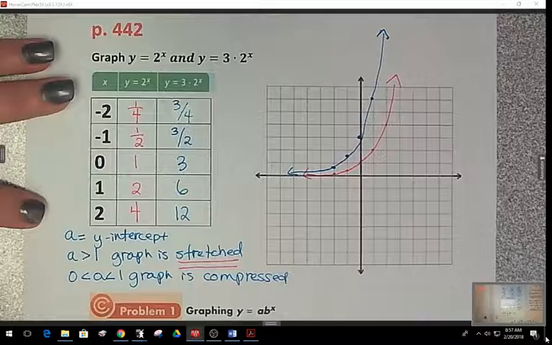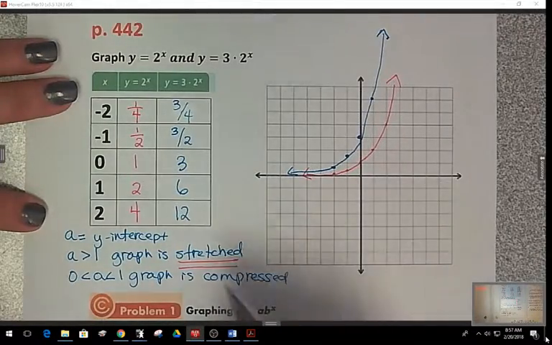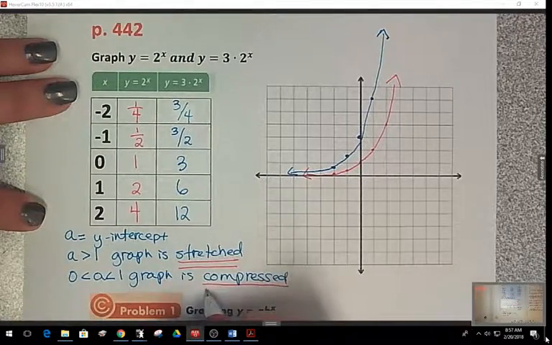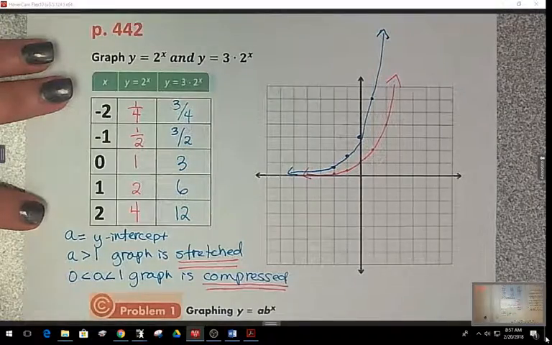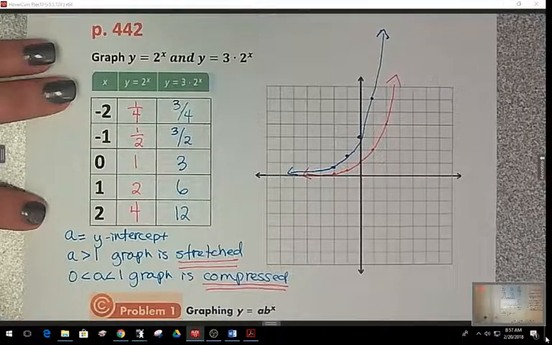We talked about stretches and compressions earlier this year when we dealt with quadratic functions and square root functions and absolute value functions. Stretch means it's pulled taller faster, and compressed is kind of smushed from the top and flattened out a little bit. It's kind of what it does.